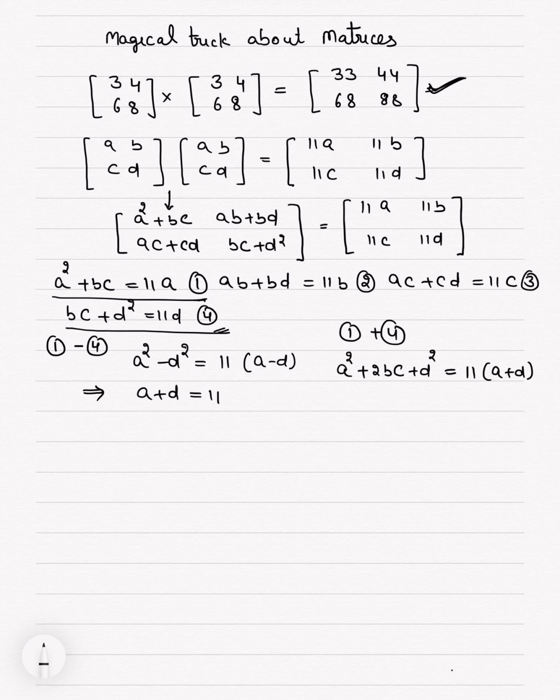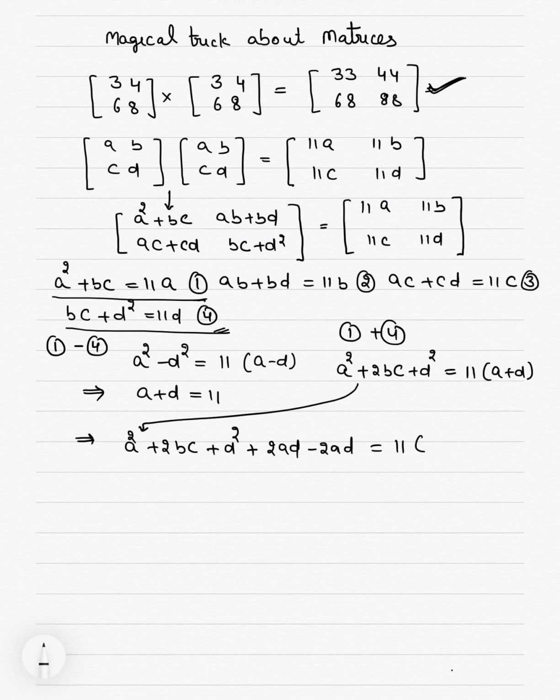Now, we can apply a little bit of algebra here. In this equation, we can write it as A square plus 2BC plus D square, and we can add 2AD and subtract 2AD.